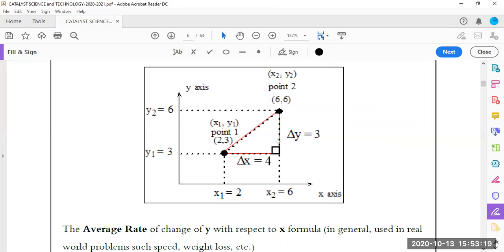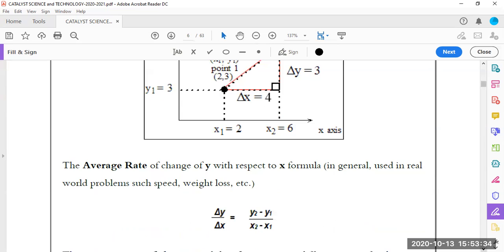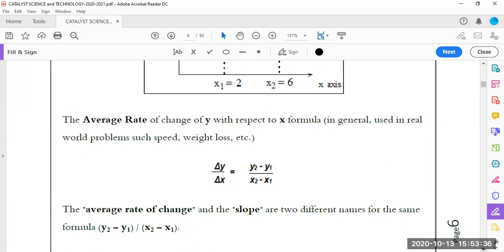It's like the slope, to get the change in y within time. What change of y is happening within time. Okay, I think this is clear for you.